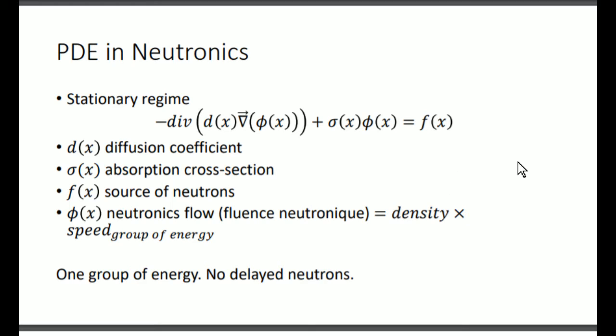Currently, people use more than 2,000 or 4,000 groups of energy, so they split in small intervals of energy, so between 0 and 1, between 1 and 2, etc. But here we will consider the case of a single group of energy, just by averaging the speed. It's not really a problem because we can extend it to any group of energy, but for this presentation it's fine. And delayed neutron is an effect that is problematic for this PDE, but I'm not going to talk about it.